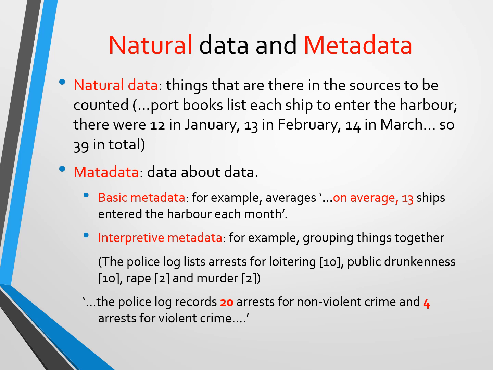Natural data are things that are there in the sources to be counted. So, for example, port books list each ship to enter a harbor. There were 12 in January, 13 in February, and 14 in March, and so there are 39 in total. So natural data are data that you can simply count. They're there in the sources, no interpretation is required.